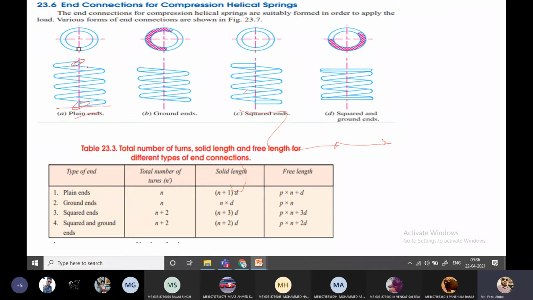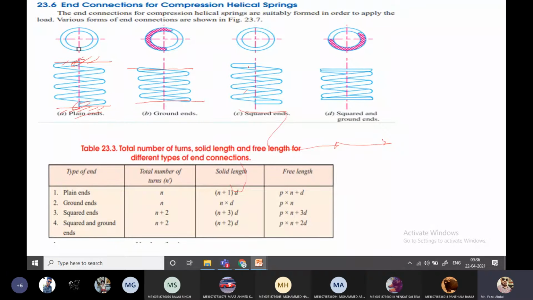This one is going to sit on the surface. Grounded ends means the spring is made somewhat smooth and level to sit in the correct position on the ground.